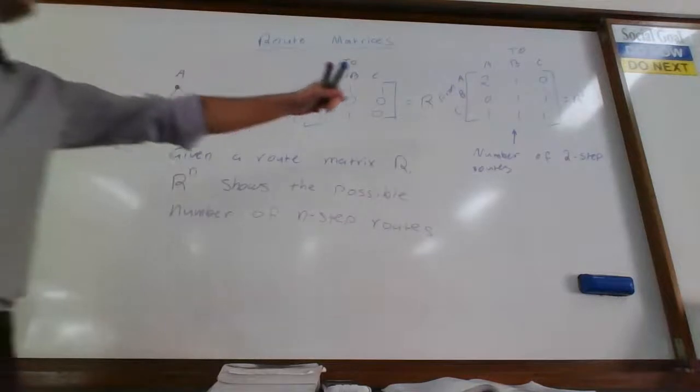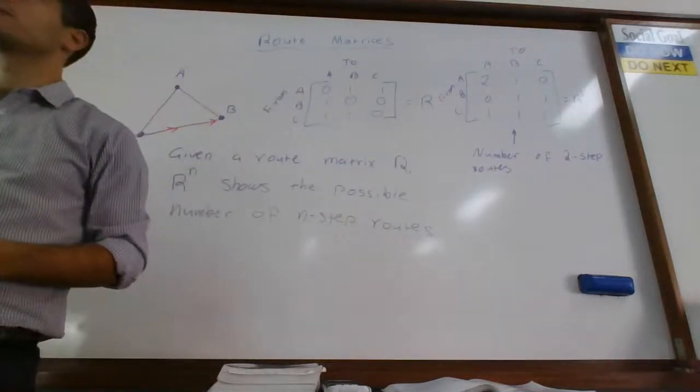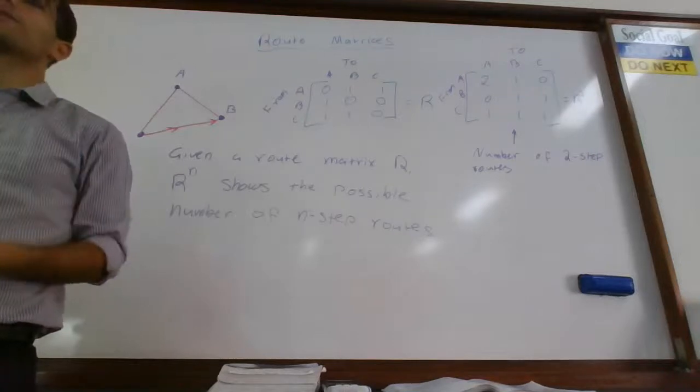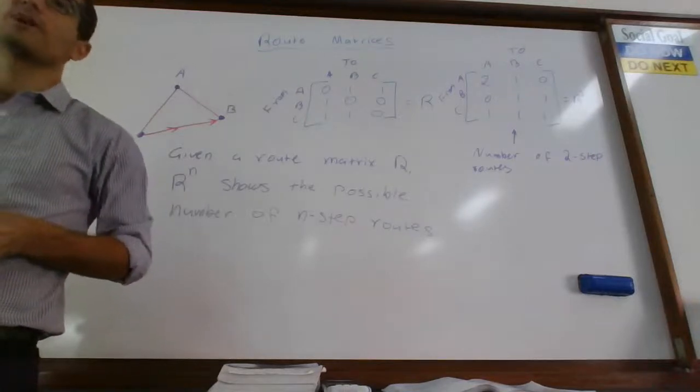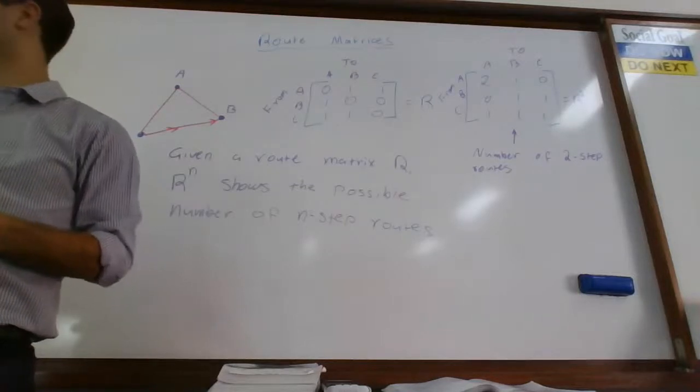So we just did R squared, and that showed me the possible number of 2-step routes. If I did R to the power of 3, that would show me the possible number of 3-step routes. R to the power of 4, R to the power of 5, etc.